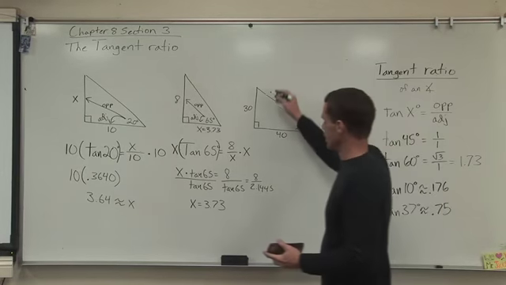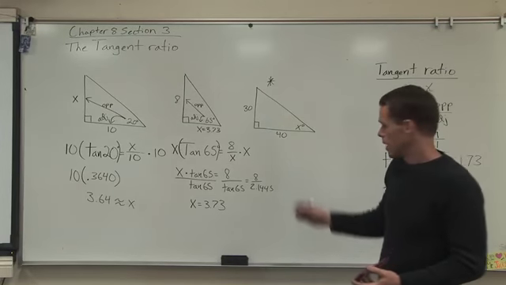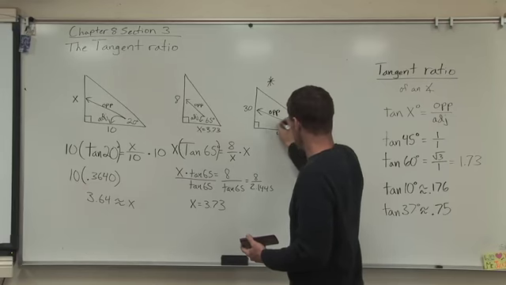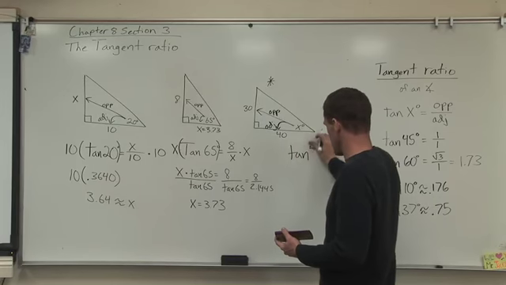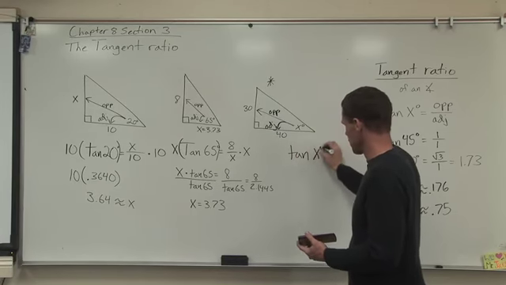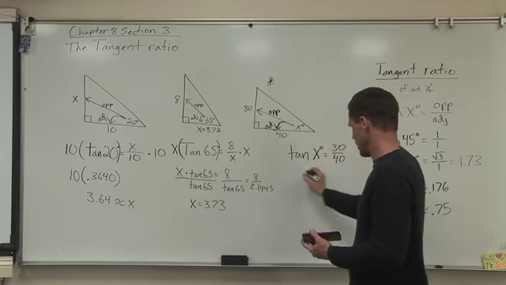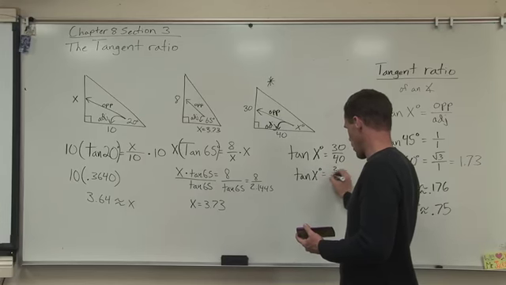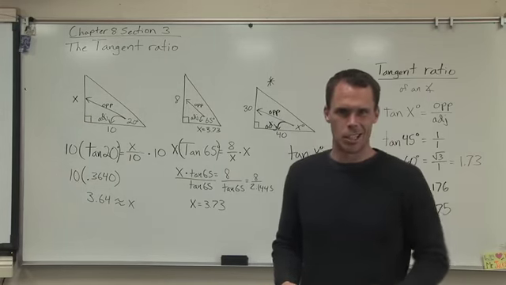My final example is the one we've been heading up toward. There's that opposite, there's that adjacent. But this time the tangent of x degrees, where x is my angle, is 30 over 40, or as I just found, 3/4. It's that angle from the beginning of the lesson that has a tangent of 3/4.